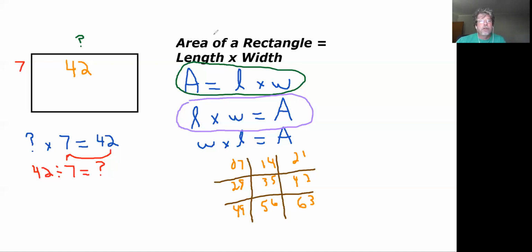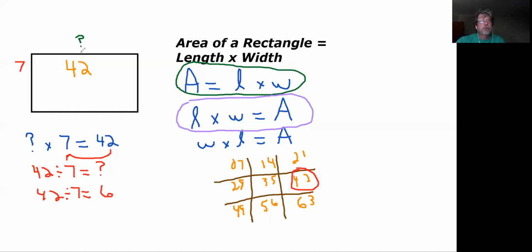So I do see the 42 in this problem. The 42 is over here. But how many 7s does it actually take to get to that 42? So 1, 2, 3, 4, 5, it takes 6 7s to get that 42. So 42 divided by 7 has to give me the 6.